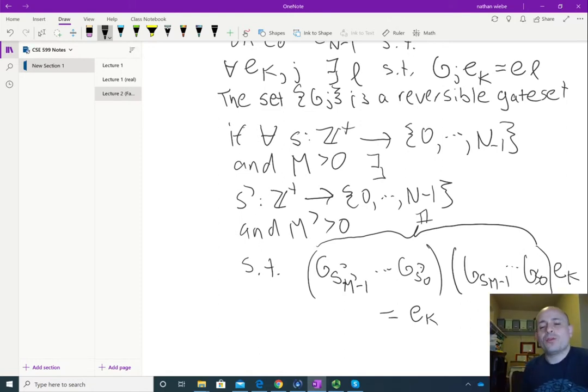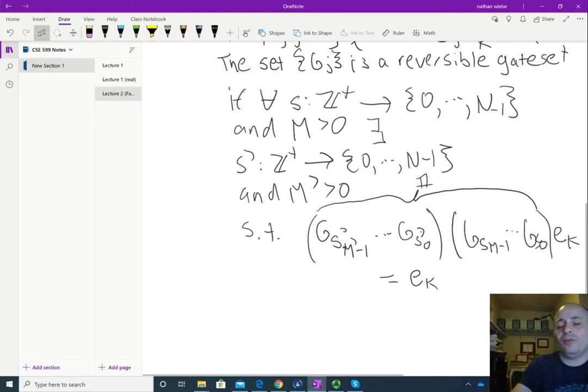they do nothing. So another way of saying this is that for every sequence of gates that we can take from our reversible gate set, there's some other sequence such that that other sequence of gates exactly cancels it out. Now, there was a question that was raised the other day about whether invertibility ends up implying that we've got a reversible gate set. Actually, technically speaking, no. We need to ensure that our gate set is more than just invertible, but also that the inverse operations can be implemented inside the gate set that we have.